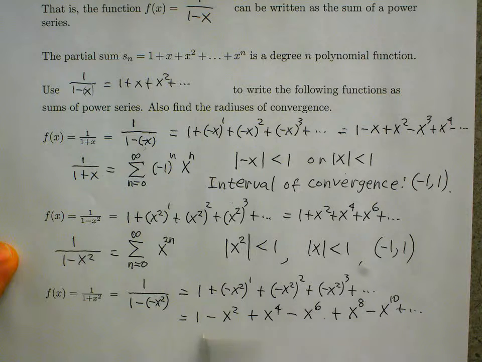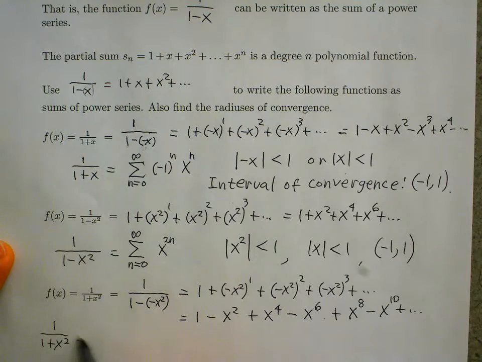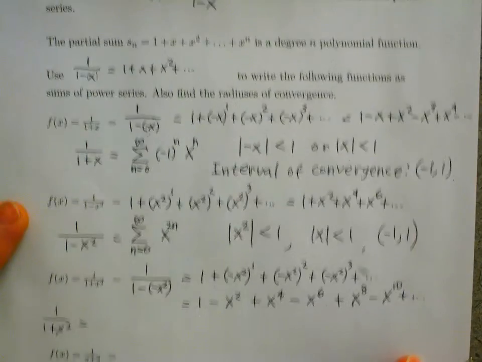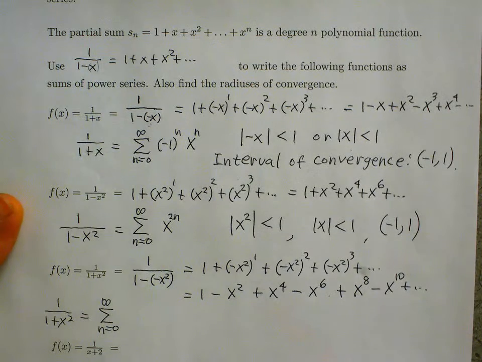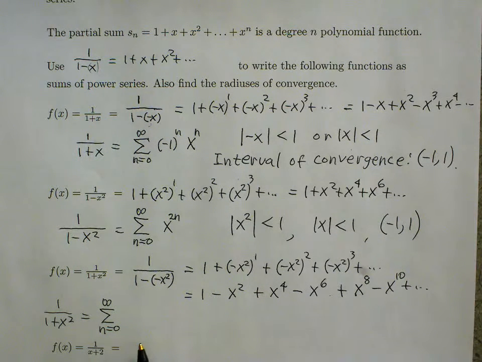Okay, so this function, 1 over 1 plus x squared, using sigma notation, we start from n equals 0 to infinity. So what comes next? So it's an alternating one.